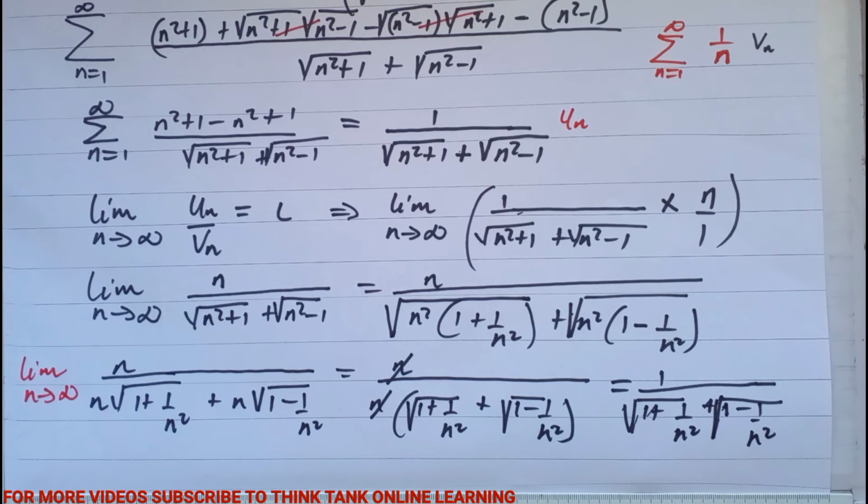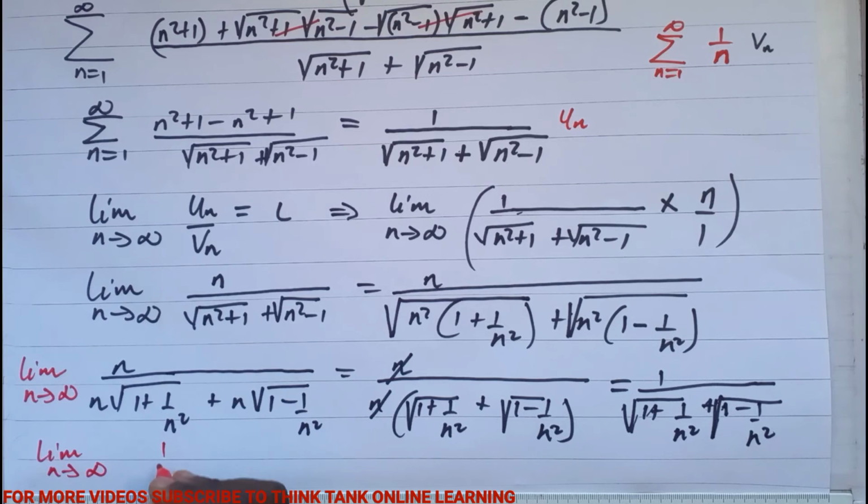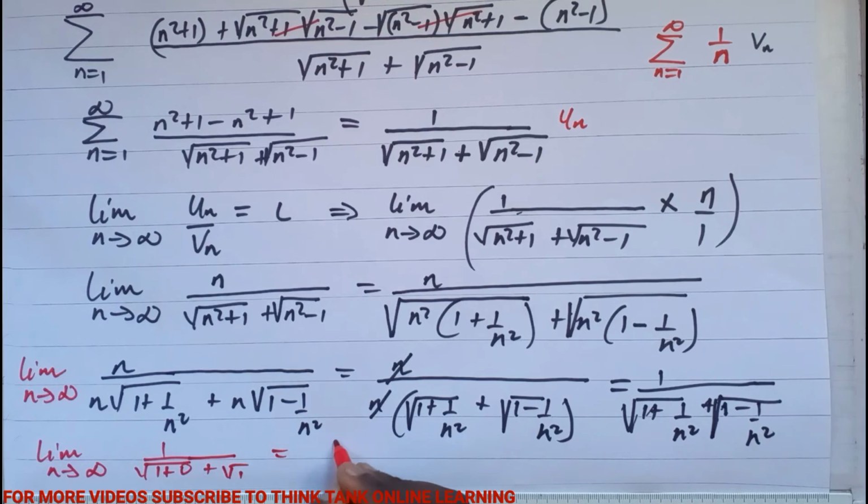So that means the limit as n approaches infinity is going to be 1 over root of 1 plus 1 over infinity, that is going to be 0, plus root of 1 minus 1 over infinity, so it's going to be 0, root 1. And you know this is the same as 1 plus 1. It's going to be half.